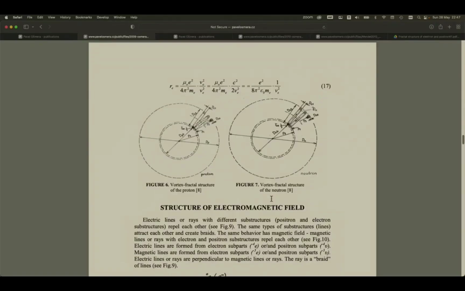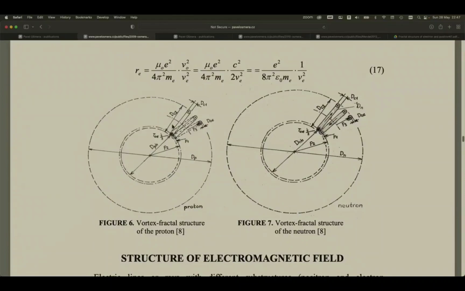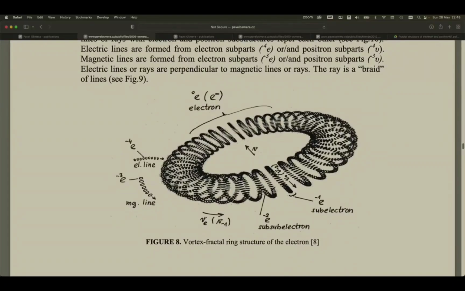If you go down here, you can see the vortex fractal structure of the proton. He's got the coils and they're offset like this, and it actually extends further than that. When we go down here, this is the electron. So in his model, he goes further than I went in using the fractal model to explain properties of the electron. I haven't verified what he's done here, but it kind of makes sense.